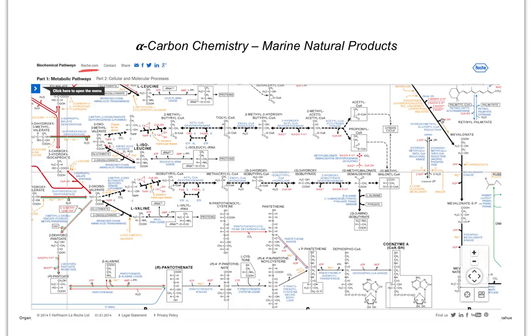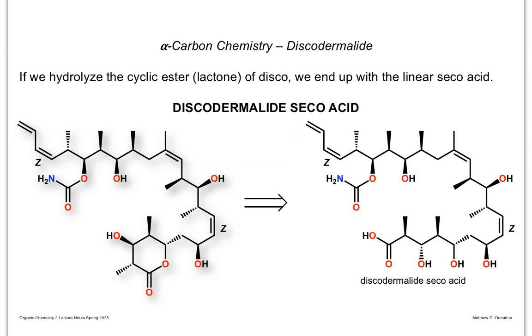So even though this looks complex, it's really just all the reactions we've studied so far. So let's take a look at discodermalide and reduce its complexity through some simple operations and observations. The first thing I want to do is see this ring here.